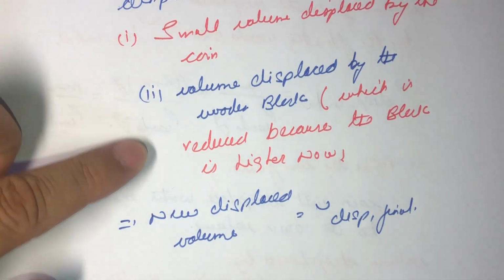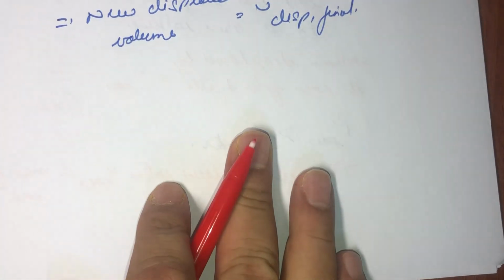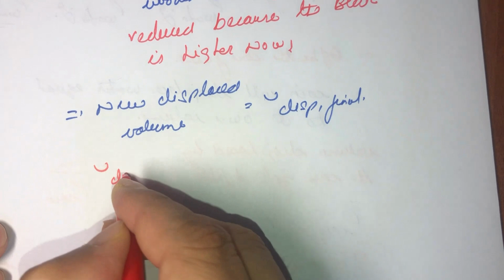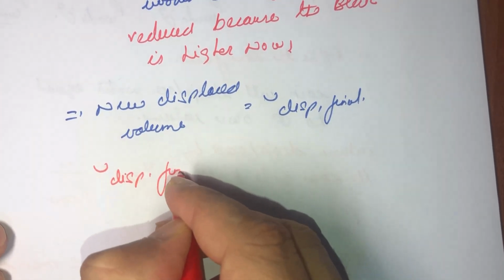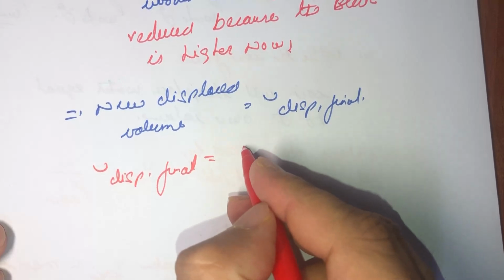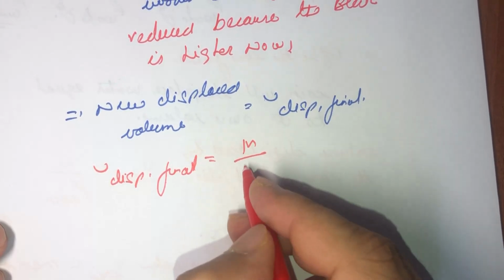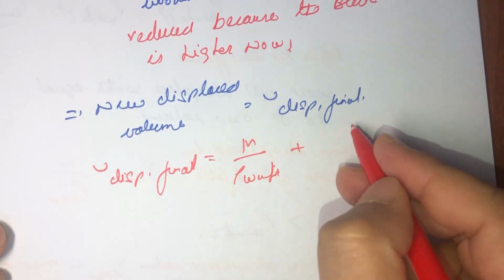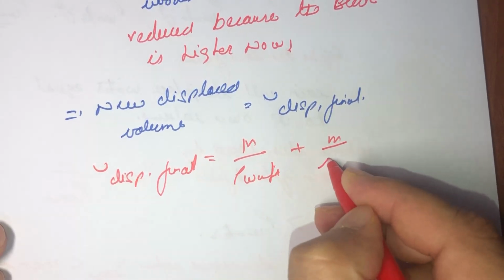V displaced final will be equal to the part because of the wooden block plus the part because of the coin.